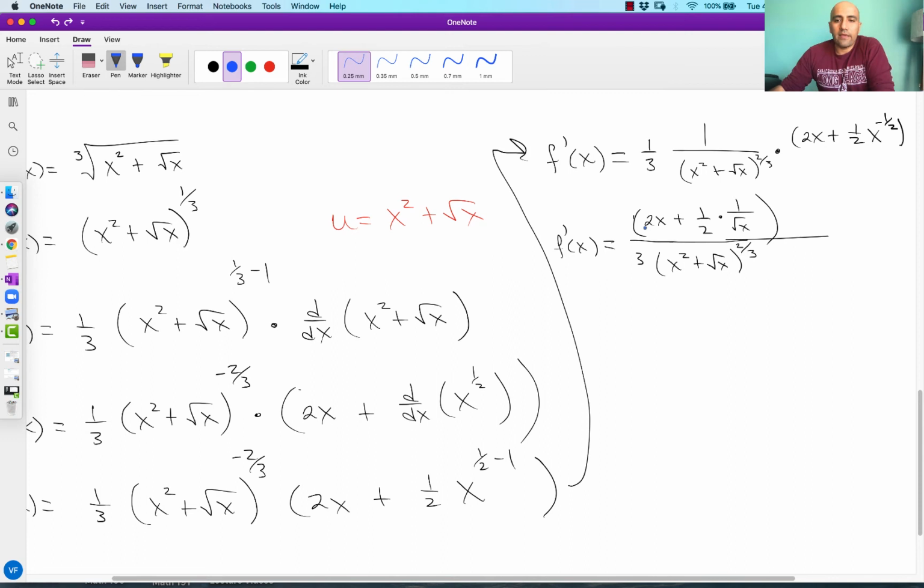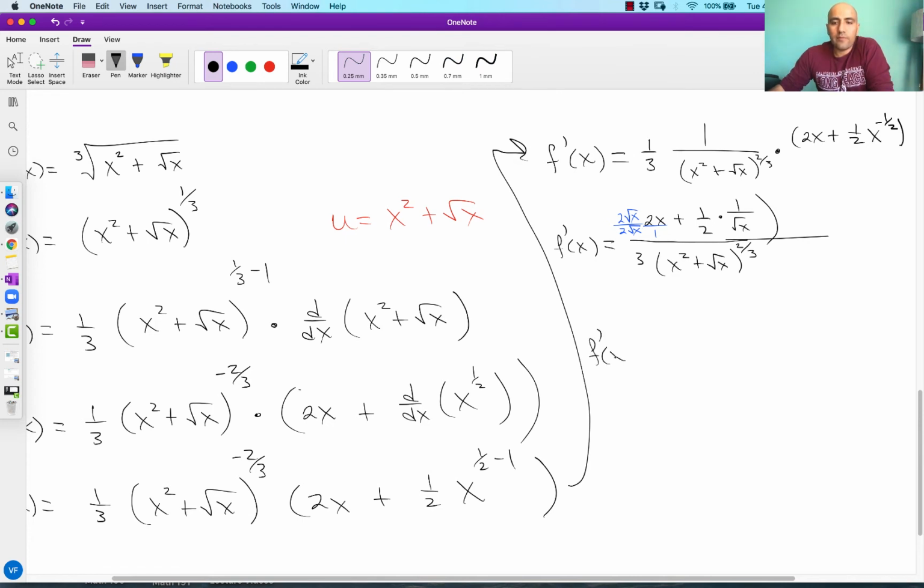So let's multiply this fraction by 2 root x over 2 root x, and I'll end up with 4 times root x times x plus 1 all over 2 root x in the numerator.